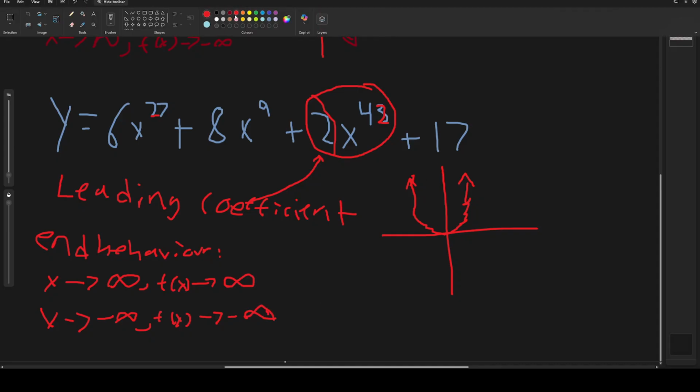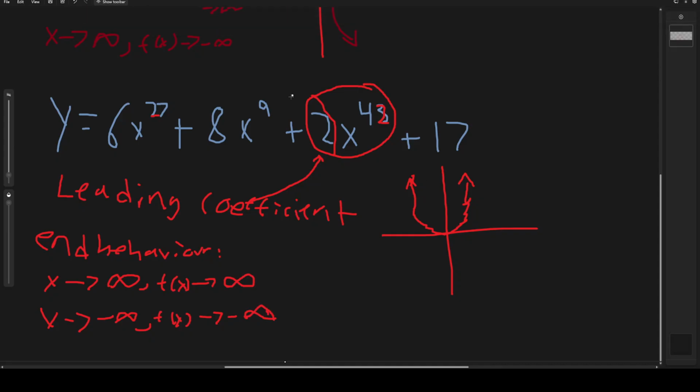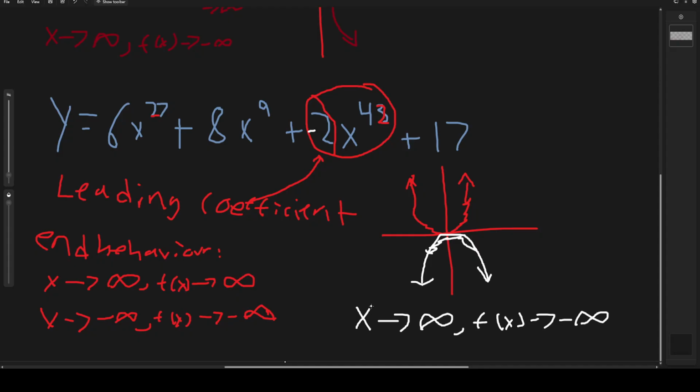And let's say it was just reflected, right? We add a negative, it would look something like this. I just put the squiggles there because it's not going to look exactly like that. But the end behavior now is, as x goes to infinity, f(x) goes to negative infinity, as x goes to negative infinity, f(x) also goes to negative infinity.